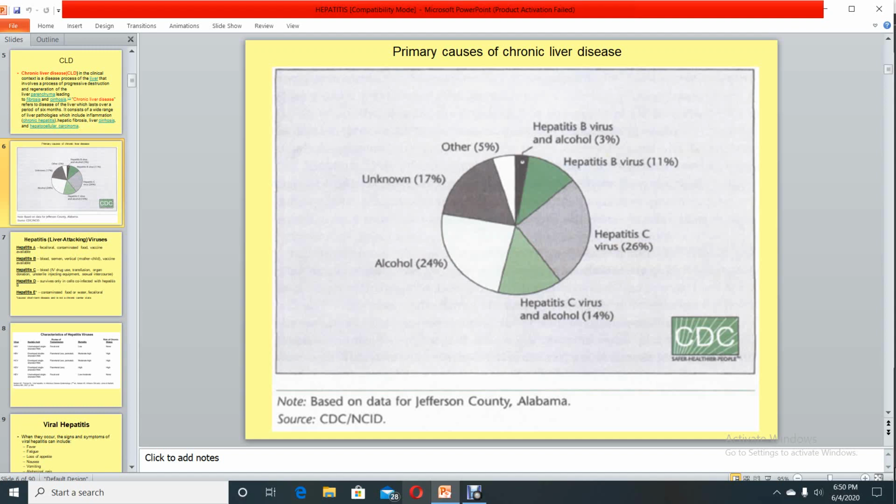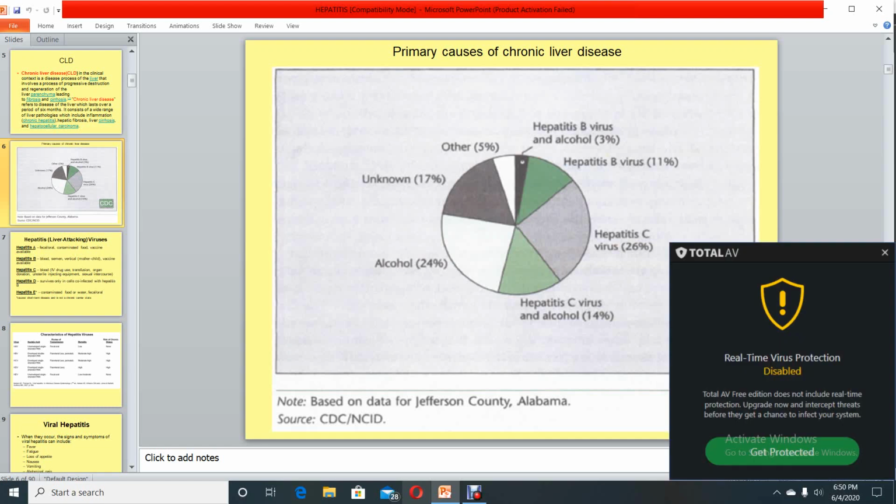The primary causes of chronic liver diseases are hepatitis B and C, more so in Pakistan. You see these cases. Hepatitis C is about 13% to 14% in your country. Hepatitis B is about 7 to 8%. Alcohol can cause hepatitis. Drugs can cause hepatitis.